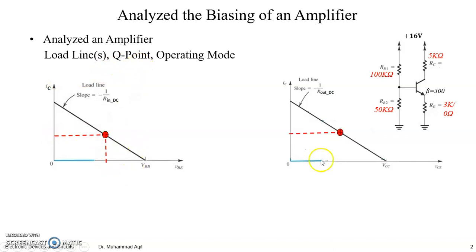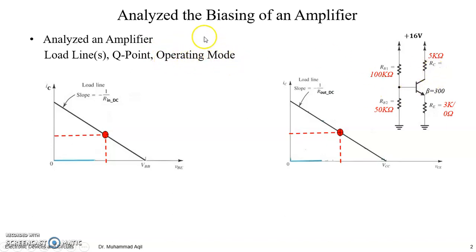VBE, IC, VCE, IC, right? And find what is the polarity of collector base junction and emitter base junction. After finding these two things, we know in which mode the transistor is operating.